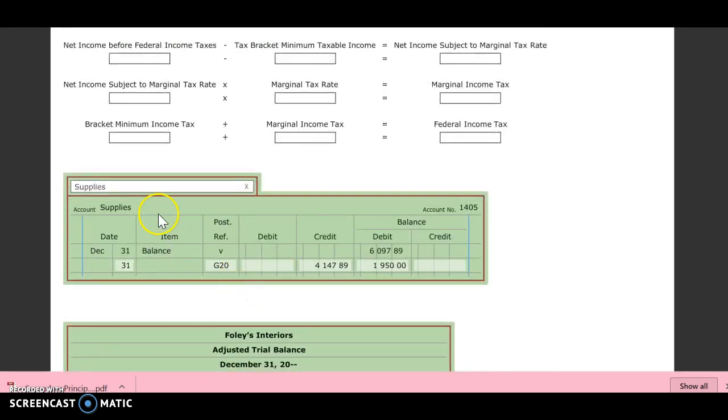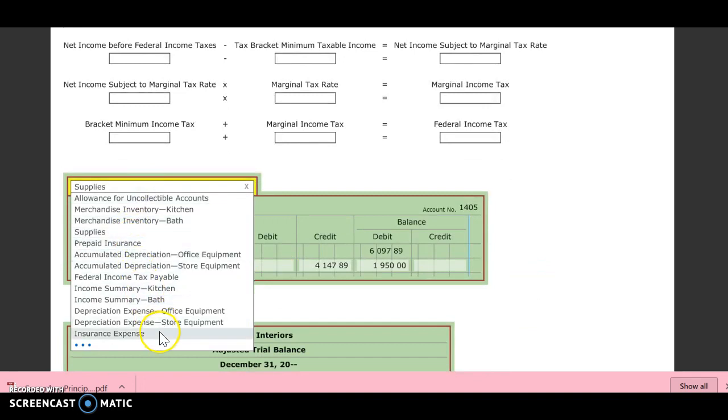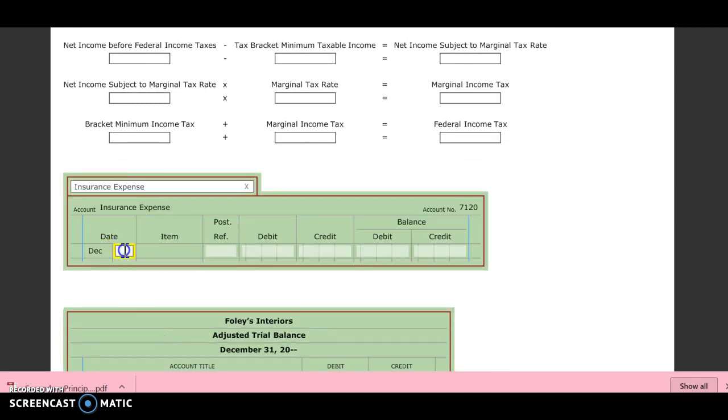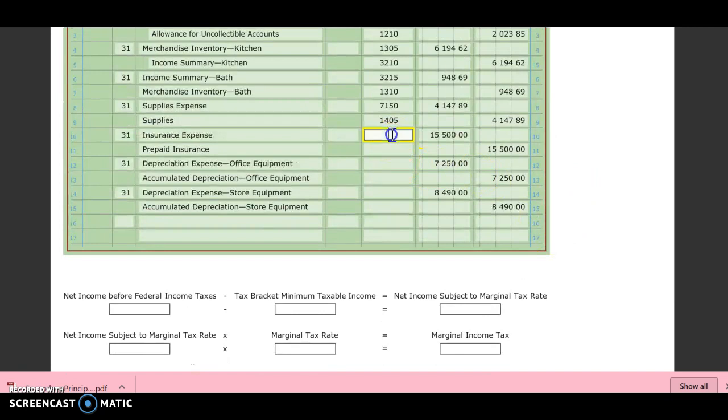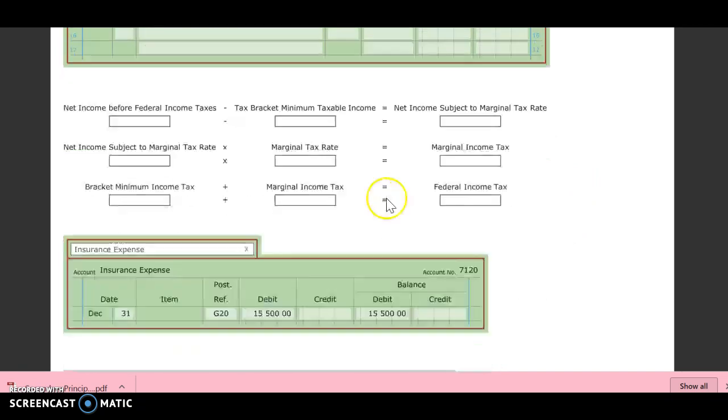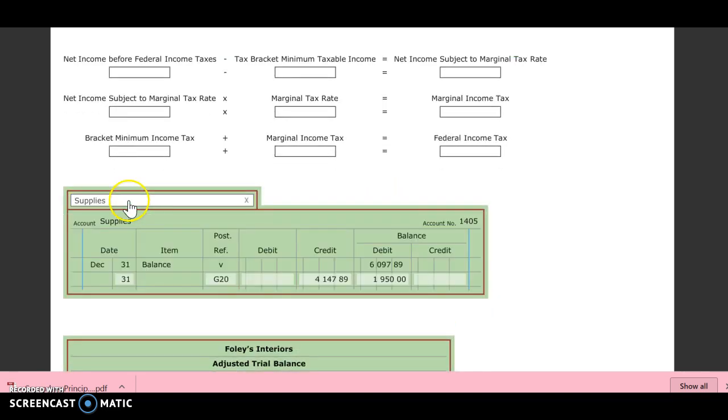Insurance expense. 31st, G20. Debit of $15,500. 7120. Prepaid insurance.